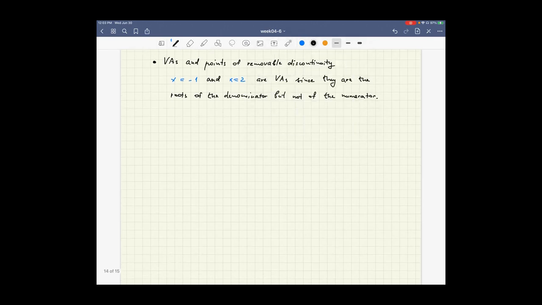Next, let's determine the behavior of f near vertical asymptotes.